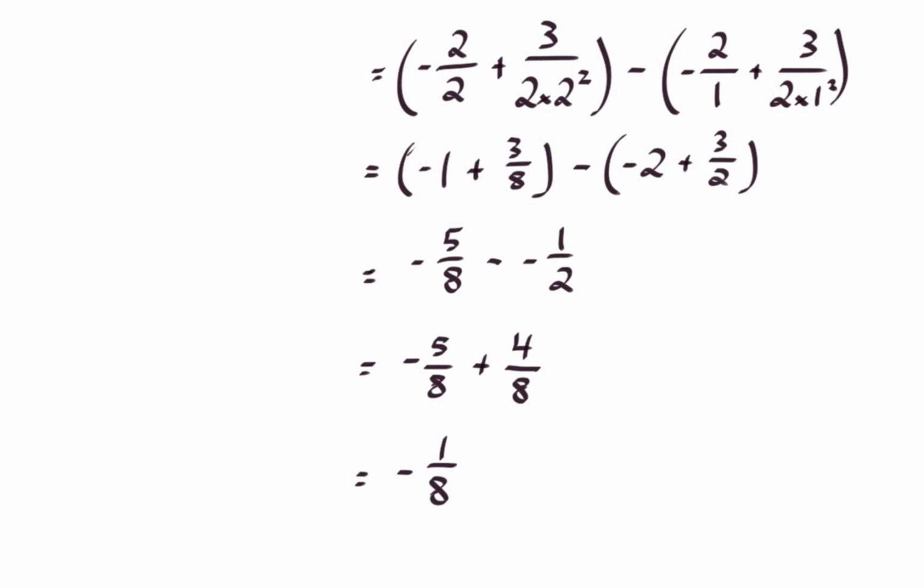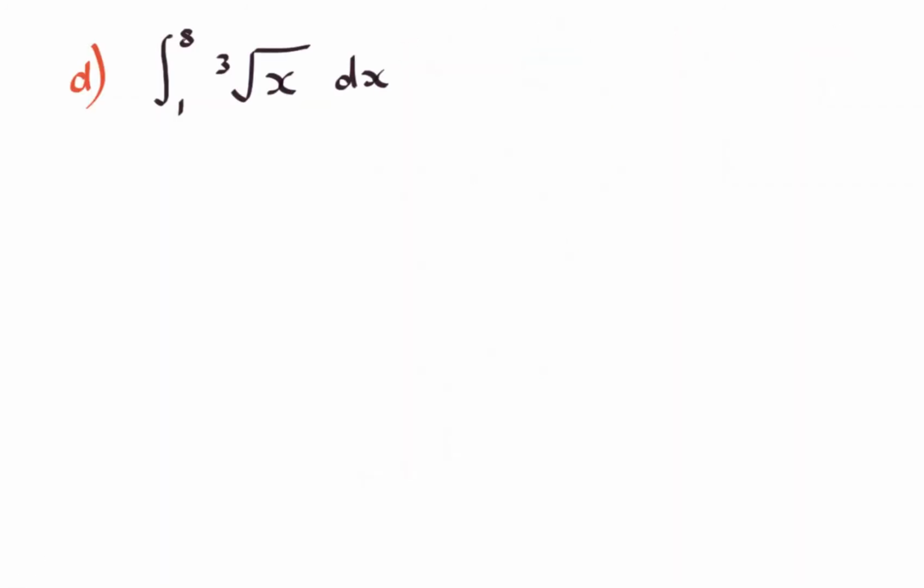Okay, example 1D. Evaluate the integral of the cubed root of x between 1 and 8. So another one that looks hard initially, but if we use our knowledge of indices, we can turn this into a form that we're more familiar with. So how else can we express the cubed root of x?